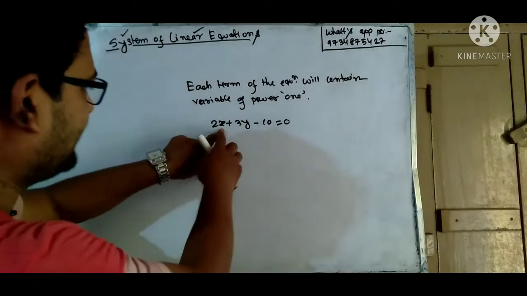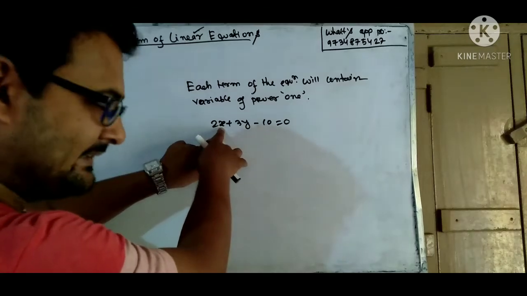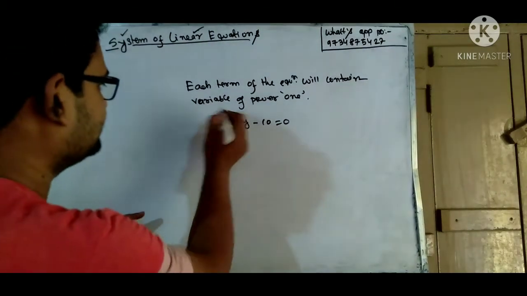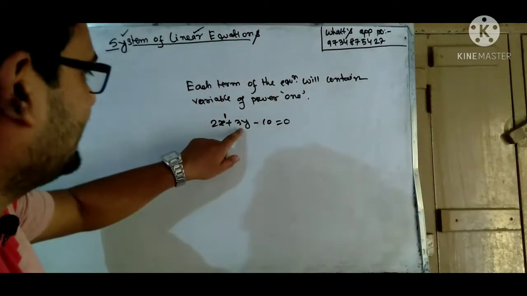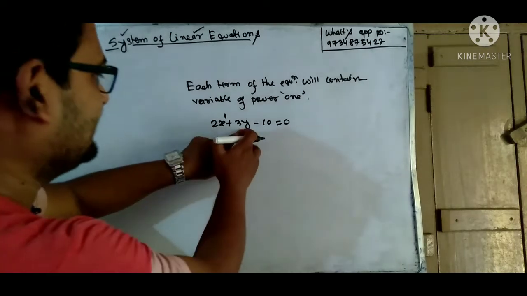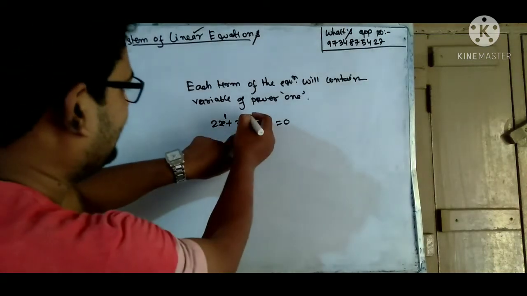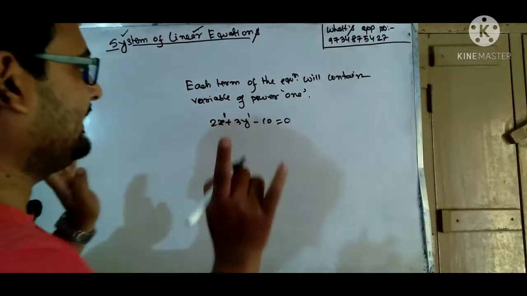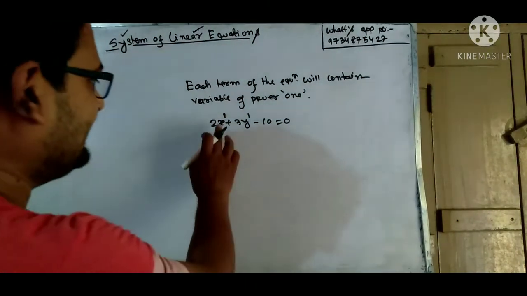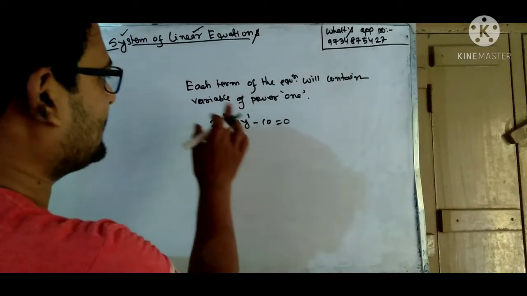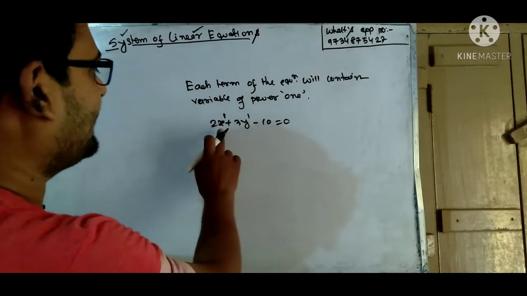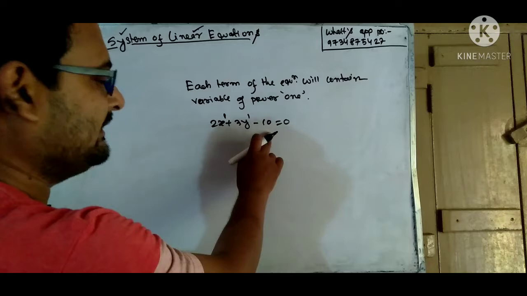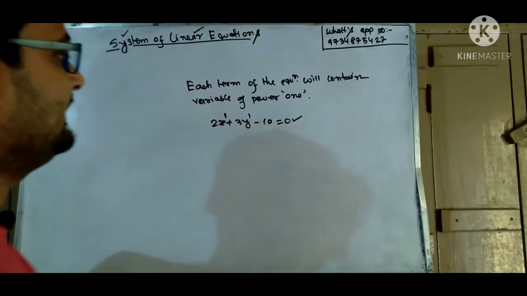In the first term the variable x occurs, its power is 1. In the second term the variable y occurs, its power is 1, and in the third term there is no variable. So each term of the equation contains variable of power 1. It satisfies, then this is a linear equation.